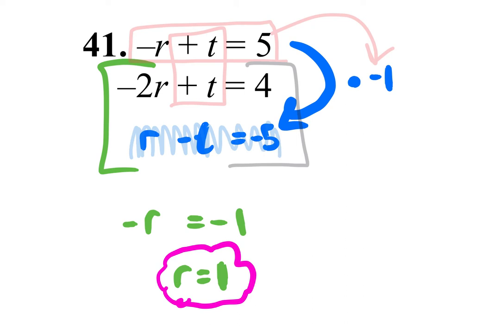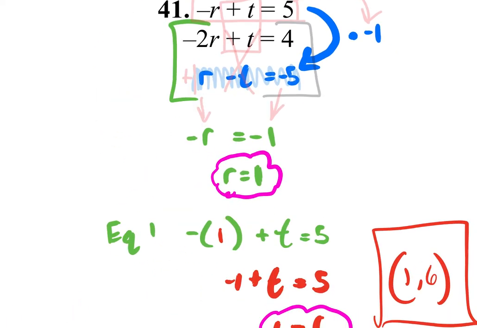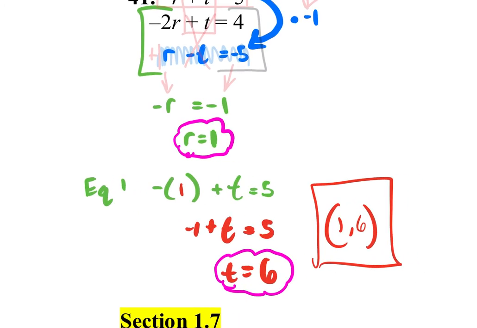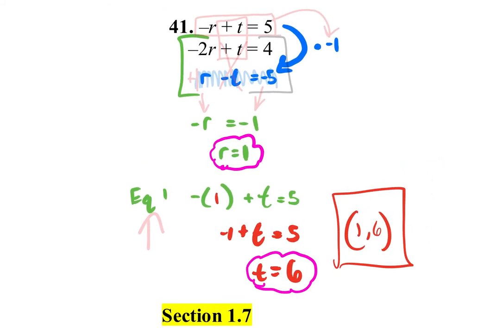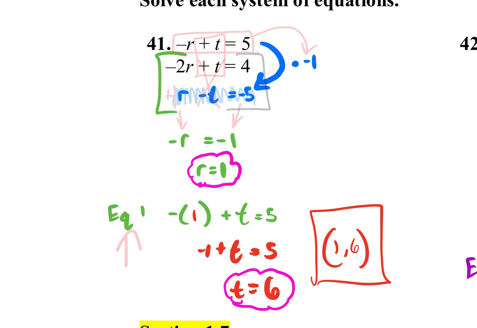When I added them up, the t's cancel, giving me -2r plus an r plus 1r, to get the -r is equal to 4 minus 5 to get the -1, and then solve for r is equal to 1. I can then substitute in r is equal to 1 into either equation. I chose the top equation, and I found my answer. This is where I always recommend double checking your answer, because it's very easy to make mistakes on solving these.